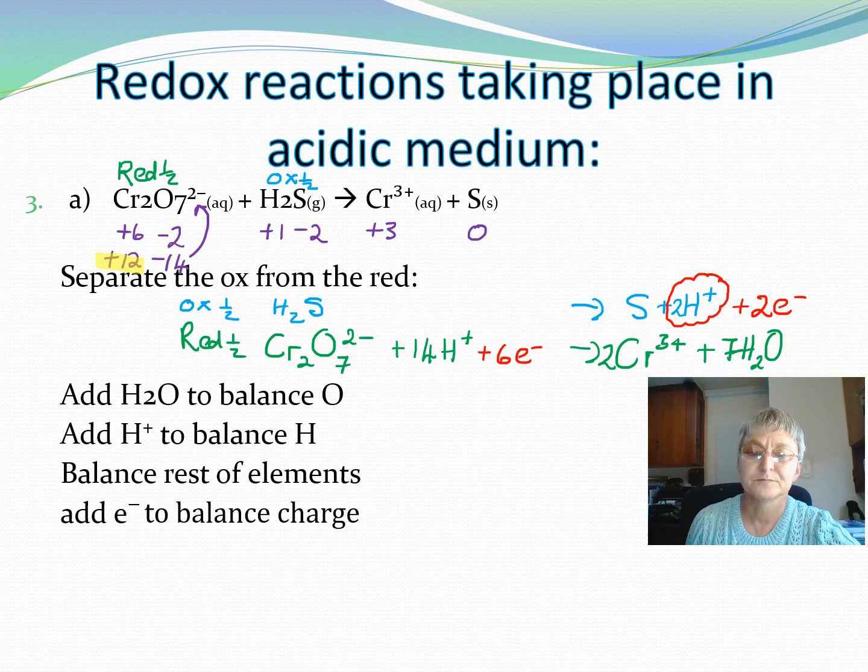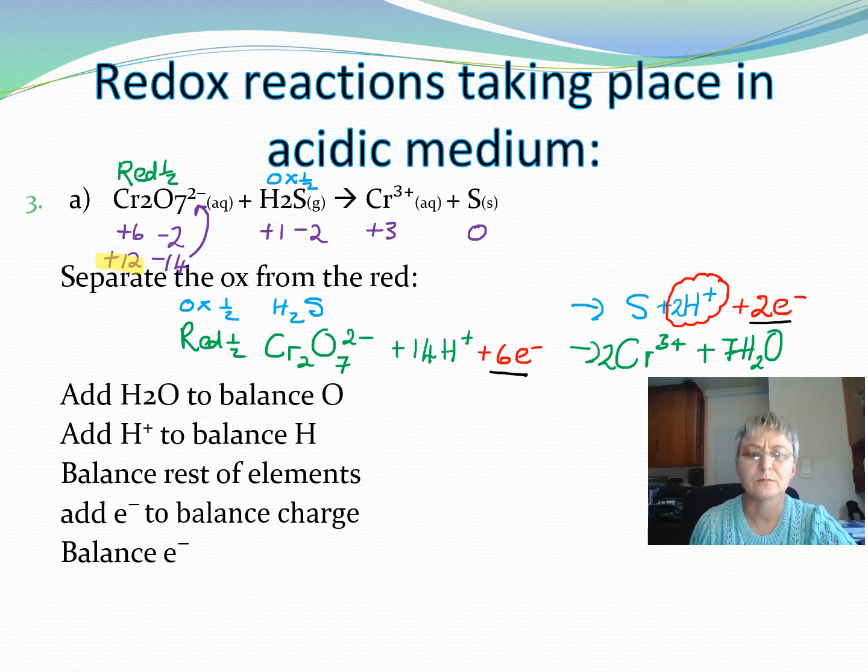We're getting there. The next thing is to balance the electrons. You've got 2 electrons given off during oxidation and 6 electrons taken in during reduction. So to balance the electrons, we need to multiply the oxidation half reaction by 3.